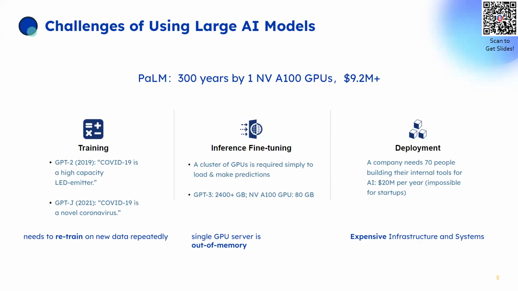Running the training just once costs $9 million. So that's why it's very challenging to train and deploy these models. There's a lot of work we need to do to make it faster, cheaper, and more efficient. That's the motivation for today.